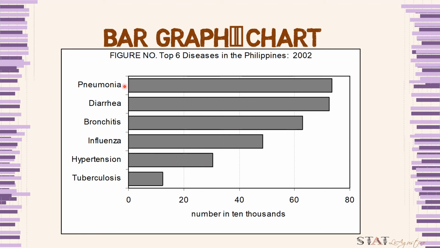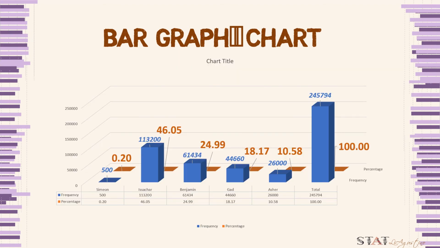Some present it horizontally and some vertically. For example, this one, I actually created using Excel, and you will learn this later so that you will know how to present your data as well. Here it is done vertically. Then we have Simeon, Issachar, Benjamin, and there is a frequency and then a percentage.